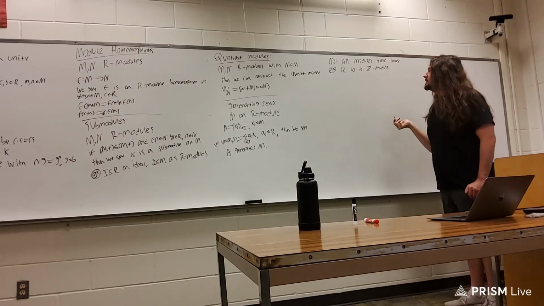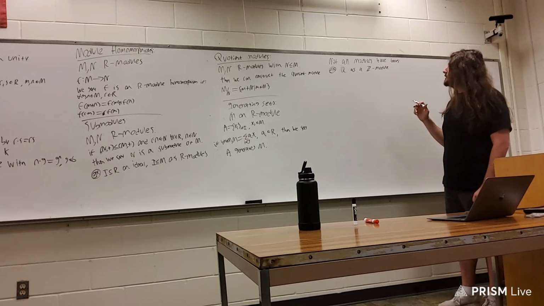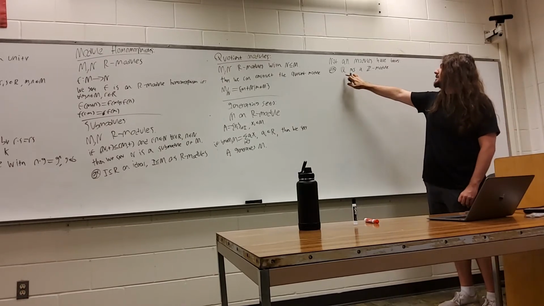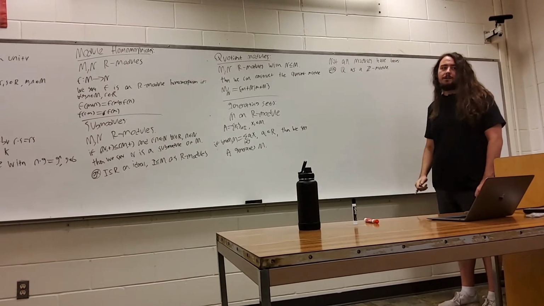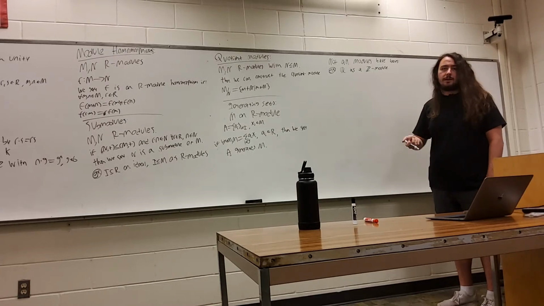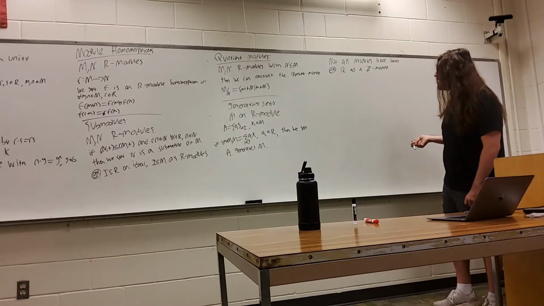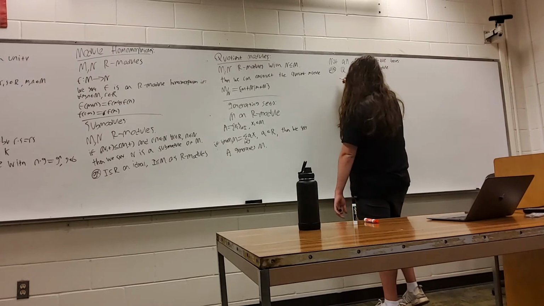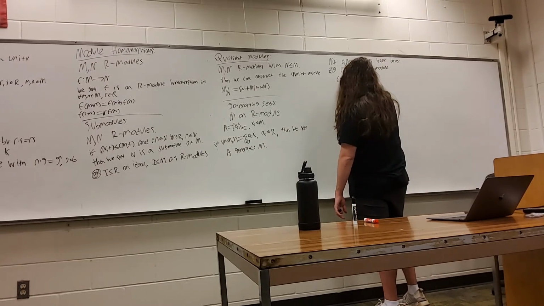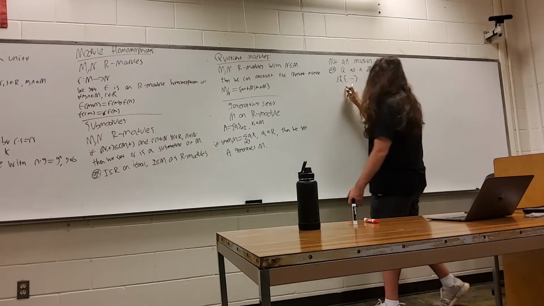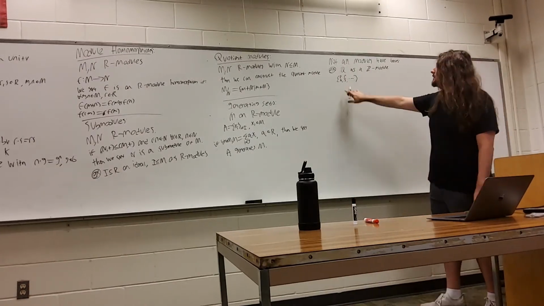Just the quick way to show this, we can immediately see that it has to be more than one element. Q isn't cyclic, so we have to have more than one element there. So our generating set might look something like this, and it could be finite or infinite, but we just need 2 elements.